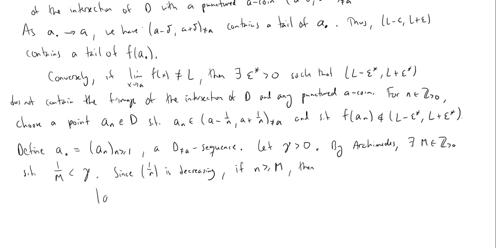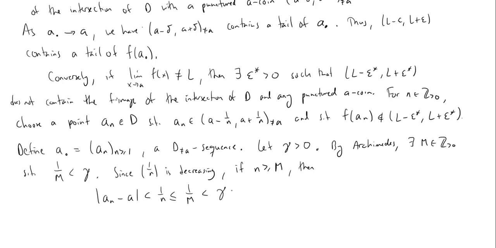then how far apart is a sub n from a, the proposed limit of my sequence? Well, I know that a sub n is in this a coin of radius 1 over n. So a sub n is within 1 over n of a. But because n is at least M, I know that 1 over n is less than or equal to 1 over M. But 1 over M is less than gamma.